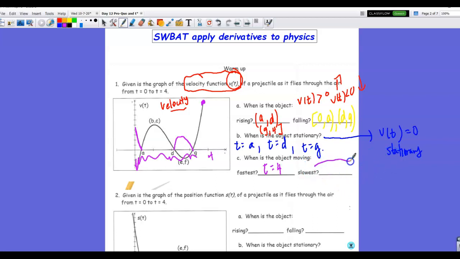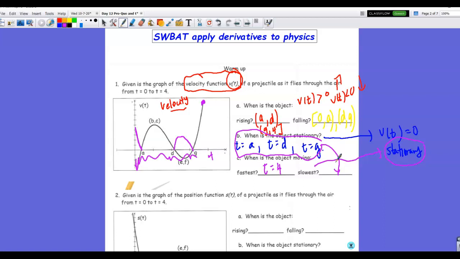You can't move slower than not to move. So stationary is the slowest that you can move, not the negative region, because we're thinking about the speed. That's what fastest and slowest has to do with. So our answers for stationary, which we have right back here, t equal to a, t equal to d, t equal to g, that's when the object is moving its slowest.